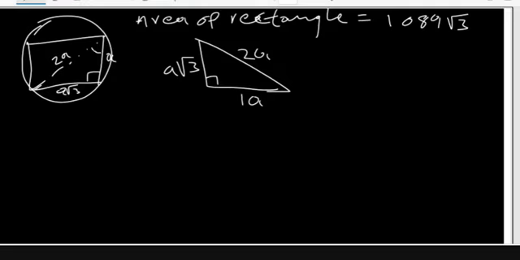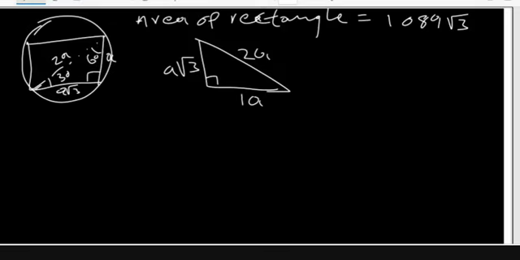Here is 60 and here is 30, so we can solve for A. With the deductions we have made, this rectangle's diagonal is also the diameter of that circle.